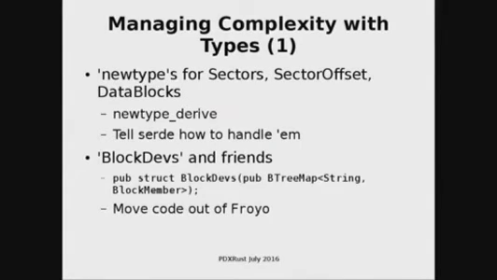The next thing is, we have our Froyo struct, and our Froyo has a list of our block devices, a list of our linear devs, a list of our RAID devs, a list of all these different things. What happened was the Froyo implementation got really, really big and unmanageable.